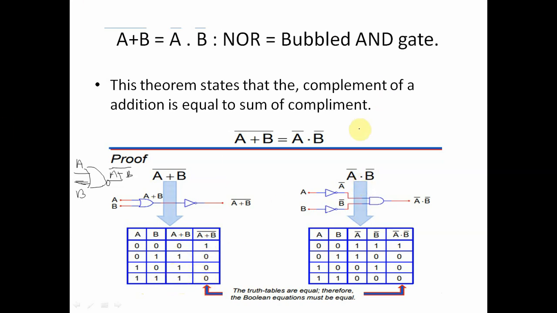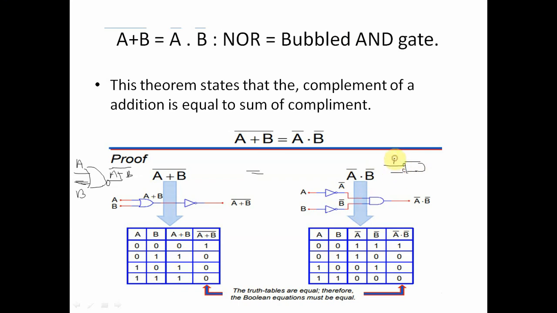Now on the right hand side, we draw either this diagram or this diagram. Here I am taking a NAND gate, an AND gate with bubbled inputs.